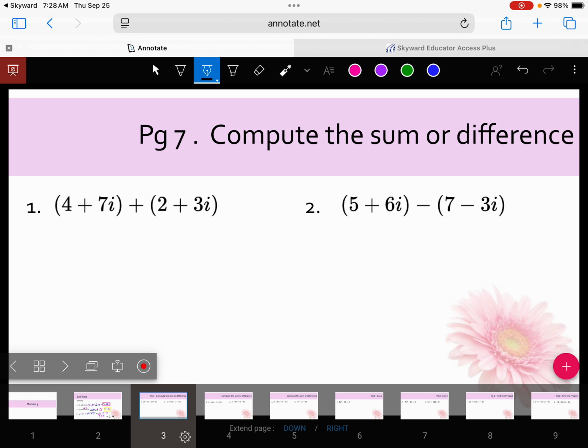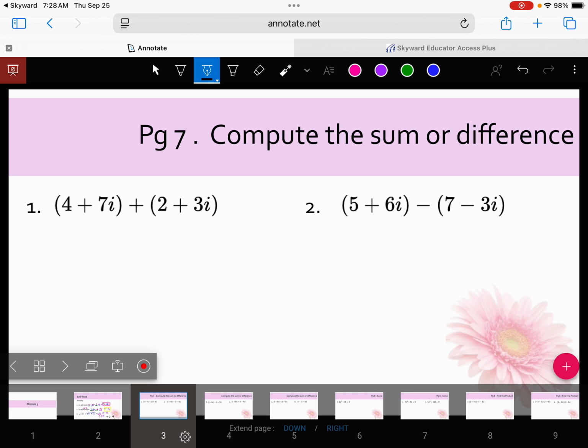We're going to combine like terms. So for this first one here, we've got 4 plus 7i plus 2 plus 3i. So those parentheses here, since everything's being added anyway, the parentheses aren't really doing anything. If I had a number in front of the parentheses that I would need to distribute through, that's when we would need to definitely do something there.